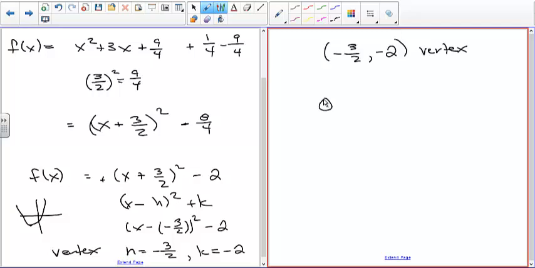If we set the function equal to 0, I'm going to just do it in this original form. So we're going to solve for x. We add 2 to both sides.